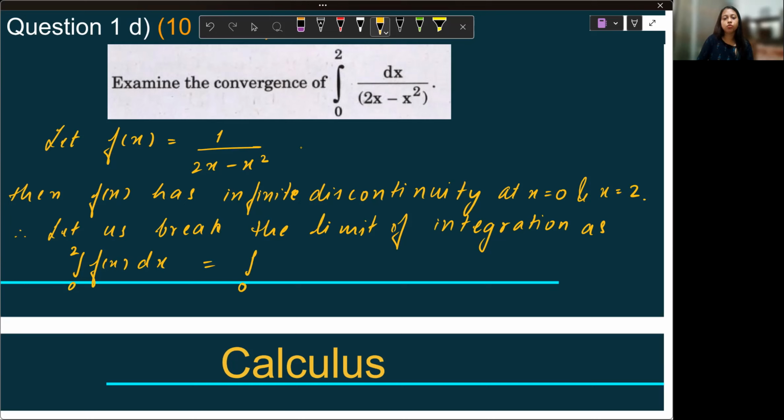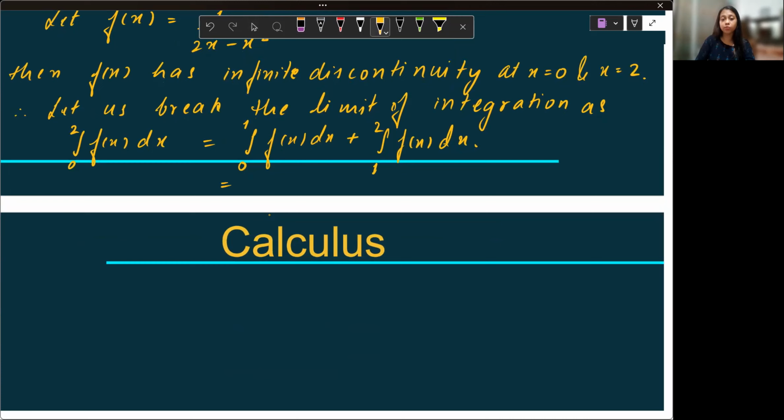That can be written as integral 0 to 1 f(x) dx plus integral 1 to 2 f(x) dx. Now, even if one integral out of these two is divergent, then I can say the total integration is divergent. Let me take them as I1 and I2. So let us discuss I1 first.